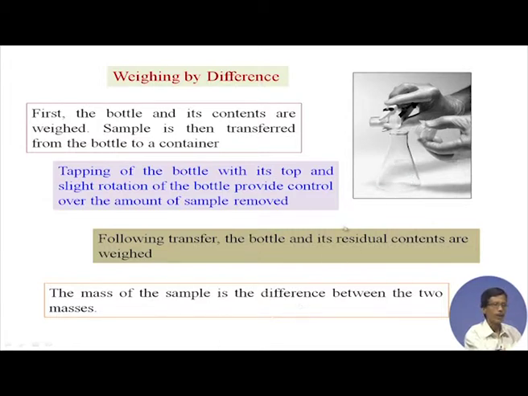In the same way, if your sample is not a solid but a liquid, which can be non-volatile also, because otherwise it can volatilize in air, that can also be transferred by this method. The only thing is how to dispense it in a dropwise fashion.